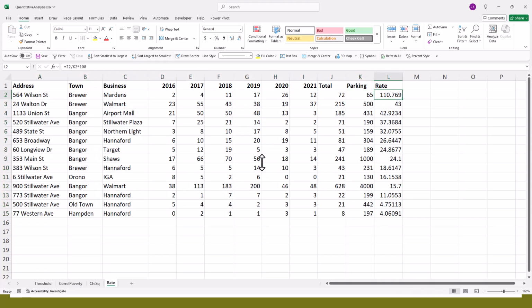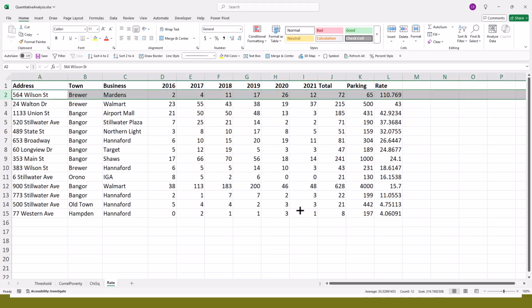So there, that's better. The Martins in Brewer, again, fake data, so don't go running out saying that's the worst place. But if this was a real life scenario, we would want to maybe concentrate more problem solving resources on the Martins. Now that doesn't mean, for directed patrols, we would spend more time there.